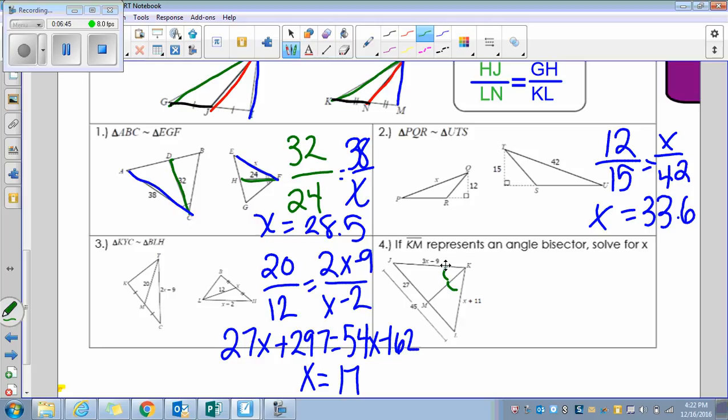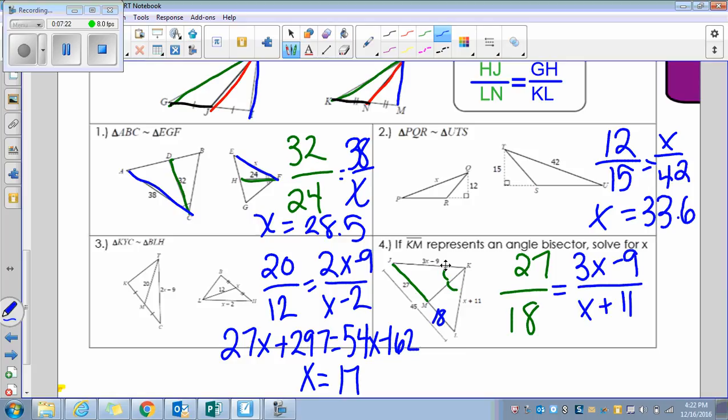So when I'm going through, I'm going to start setting this up, and I should have set up 27 over 18, because this is the bottom part of my triangle JKM, and 18, if you subtract 27 from 45, you get 18 here, and that's the bottom part of my other triangle MKL. So I have 27 over 18 equal to this 3x minus 9 over, what is it, x plus 11?